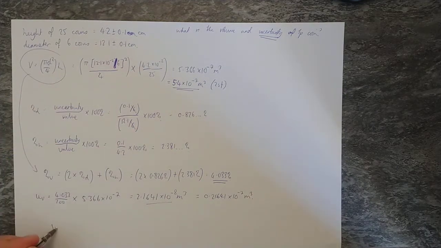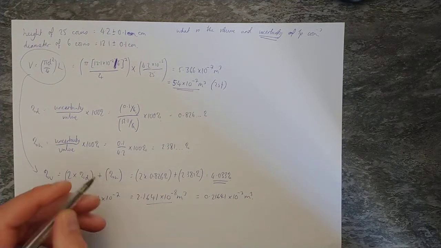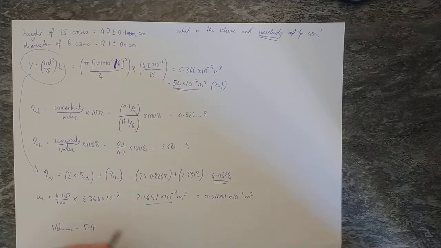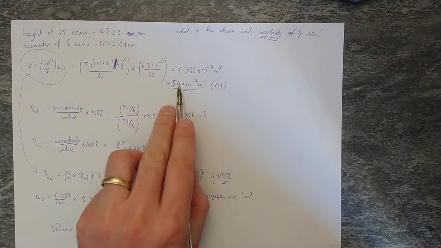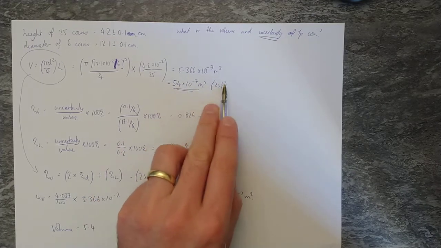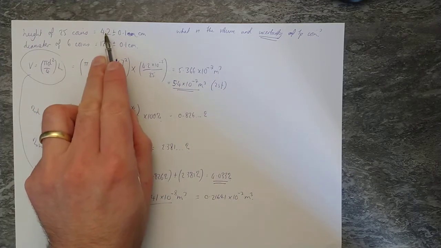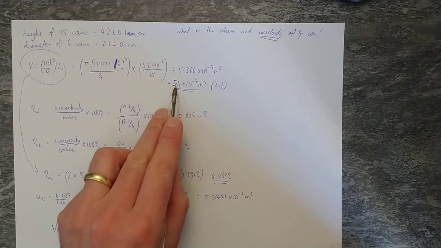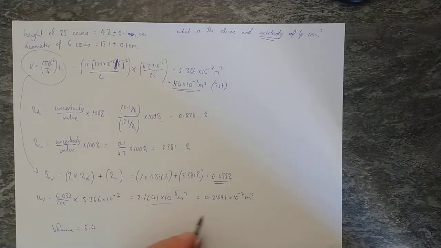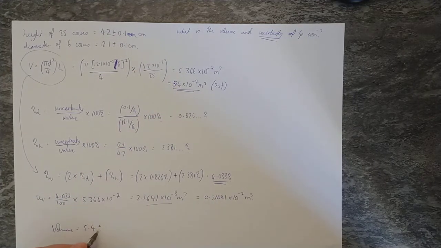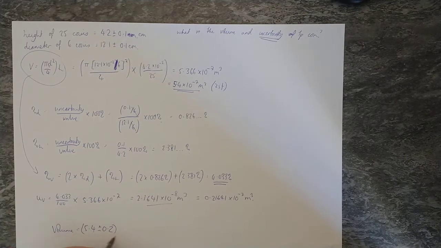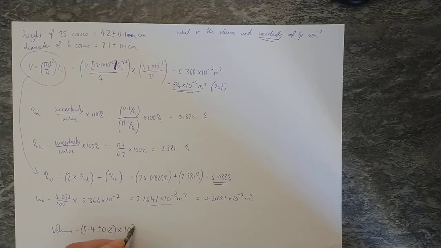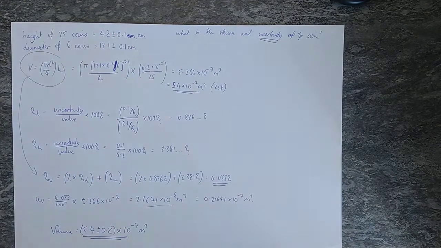So the volume is equal to 5.4. Now we need to make this the same number of decimal places as this. So this number here is 1 decimal place. Remember, that is because it's two significant figures, going all the way back to the 4.2 here. So we need to make sure the uncertainty is 1 decimal place. We round this, so it's plus or minus 0.2. Put some brackets around that to make it nice and clear, times 10 to the minus 7 meters cubed. And that is our final answer there.